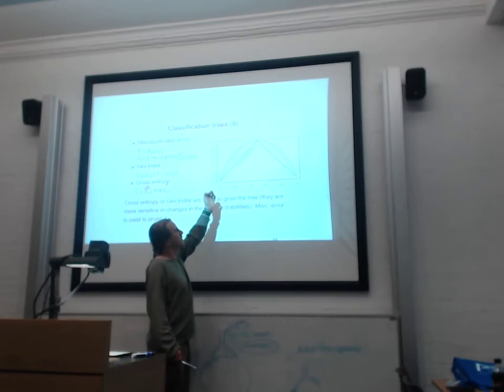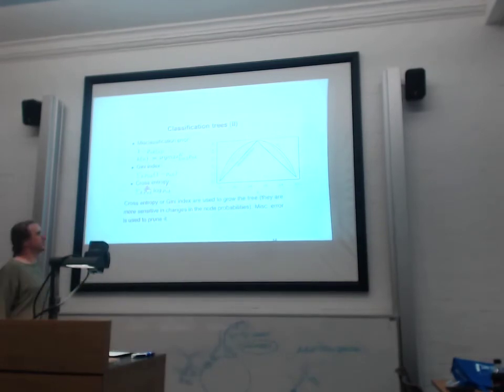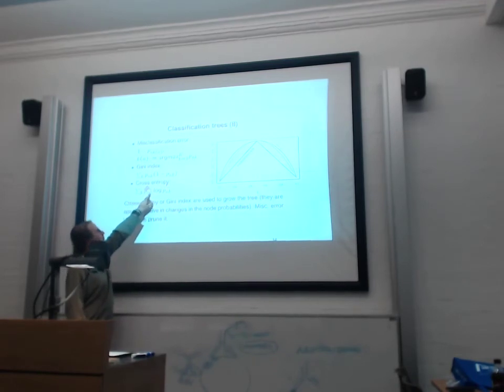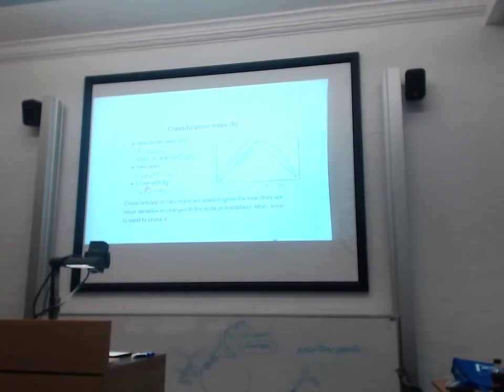It seems straightforward to use the misclassification error, but in terms of combining error from different regions, it seems to make more sense to use either the cross entropy, which is just P log 1 over PK, so it's just the empirical entropy of the probability distribution in the given region.